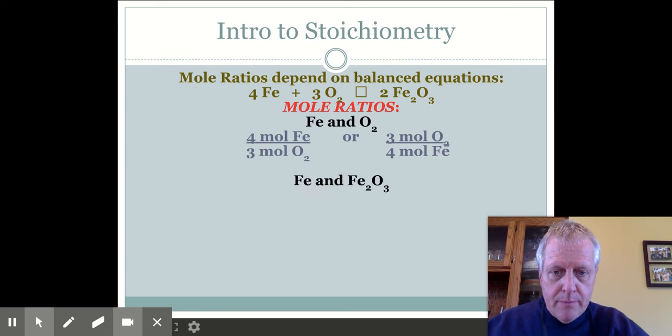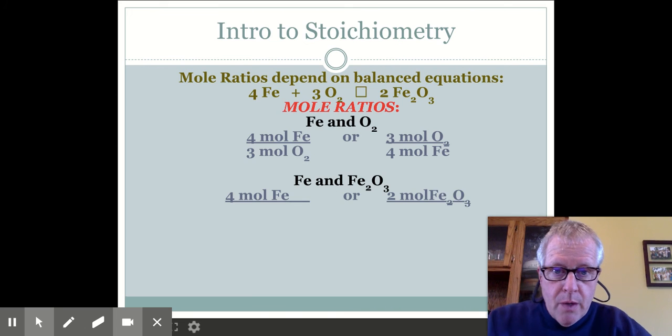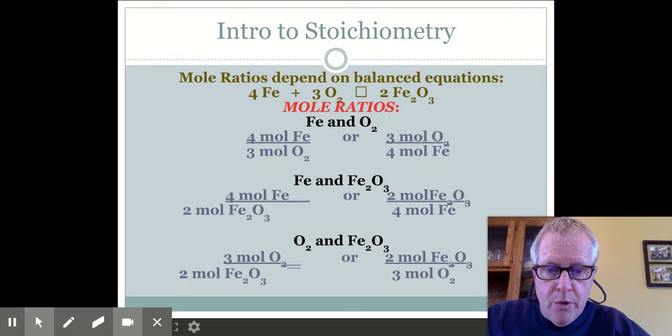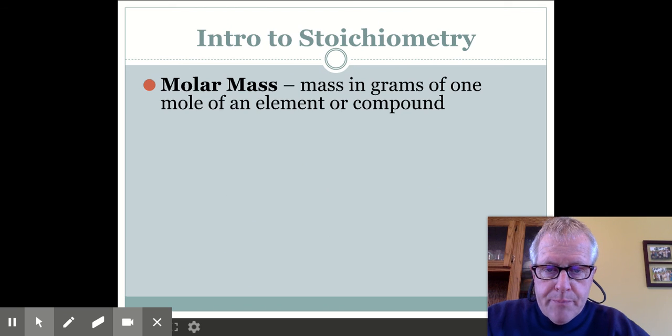So let's look at some other examples here. You can look at just different versions of the same equation there, and they're showing you all of the different versions of that.